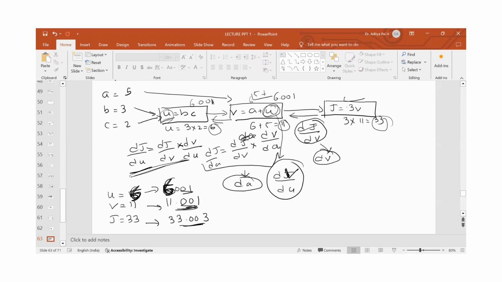So the v value is also changed by that much. Now this v is multiplied by 3 for j, so it will be 33.003. Therefore dj by dv is nothing but 3, because the difference between these two is 3. So 0.003 divided by 0.001 is 3.